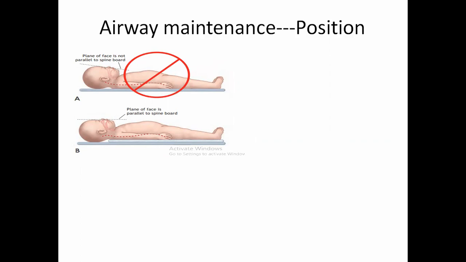So we put them in a position where the facial plane is parallel to the ground, without too much extension. Put 1 inch thick padding under the body, so that the head tilts a little and the plane of the face is parallel to the ground.